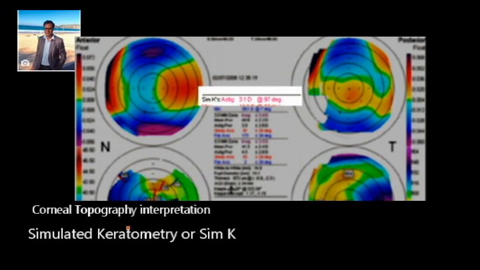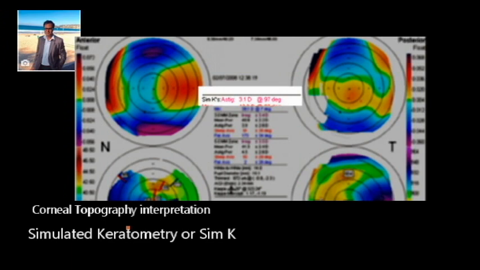Well, let us start with the simulated keratometry reading, and you will find it in all topographers. What the SIMK means is that if you have to compare your topography keratometry reading with what you get from the manual keratometer or basically any other keratometer, then you have to compare with the same case that you get from the topographer.